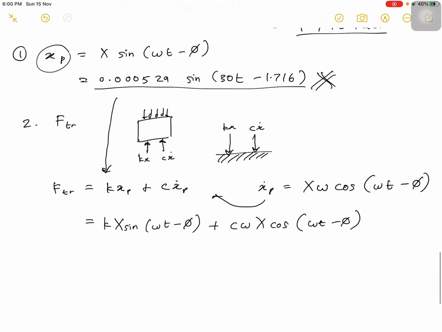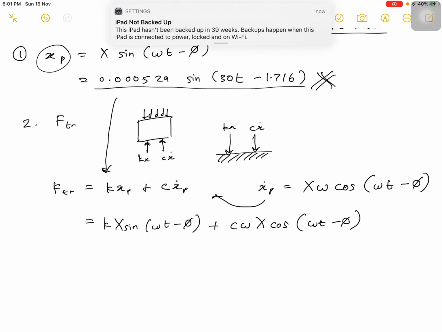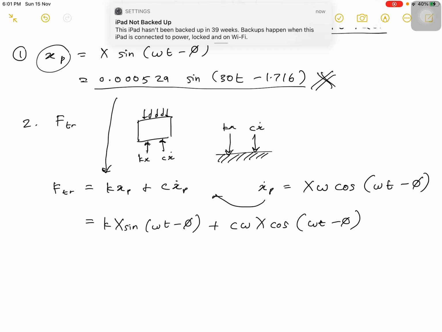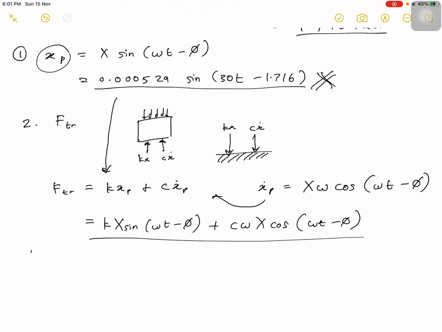Okay. Now we go to the tricky part, a little tricky. This is the force transmitted to the bottom. This is the formula, but we want to know the maximum.